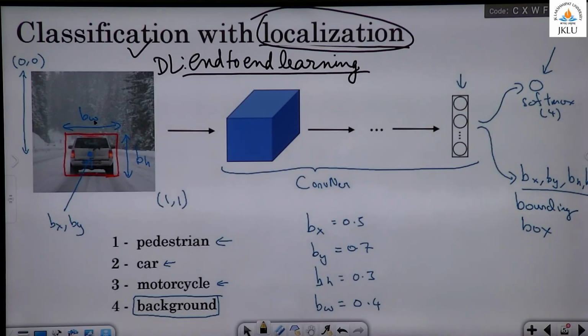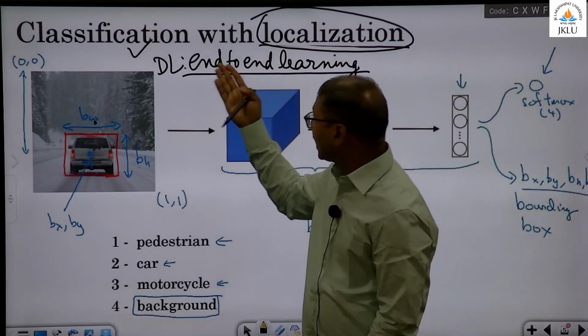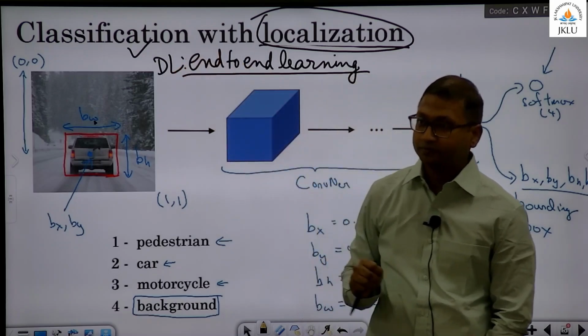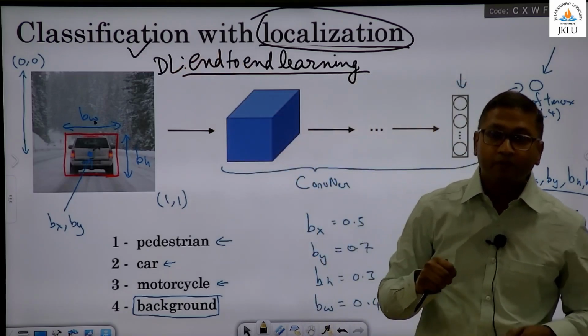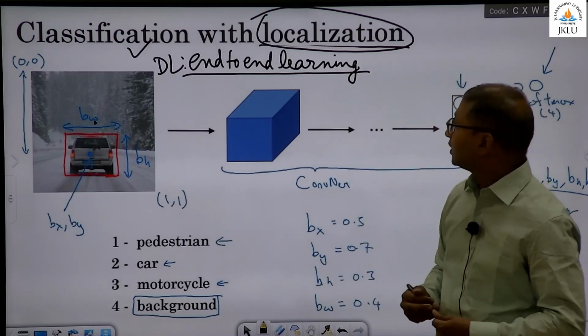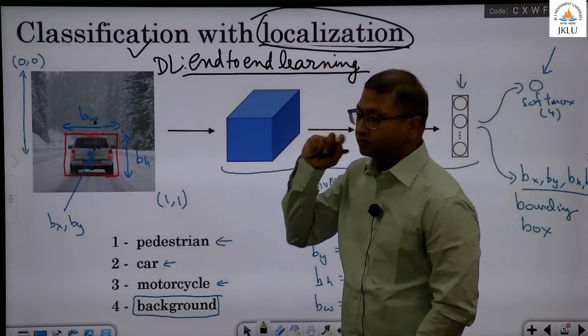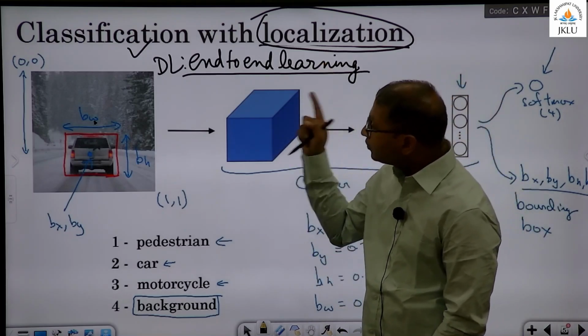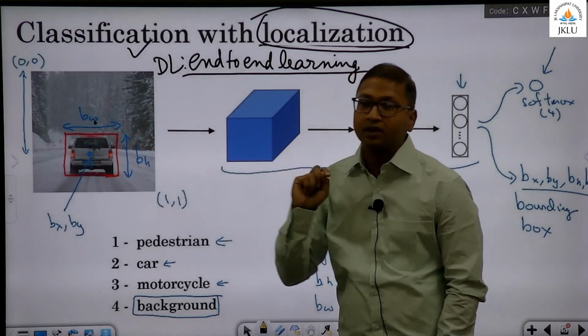Object detection requires a lot of preparation before you start training. So you have to prepare your training data set. If you don't prepare your training data set, it will be hard to use deep learning to do it, because the problem that you are posing is very vague. So somehow you will have to bring this thing in your training. How will you do that?